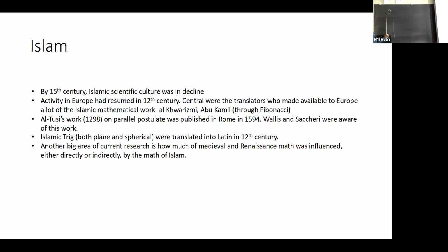I think that's called Playfair's axiom. It's like that version of the parallel postulate.